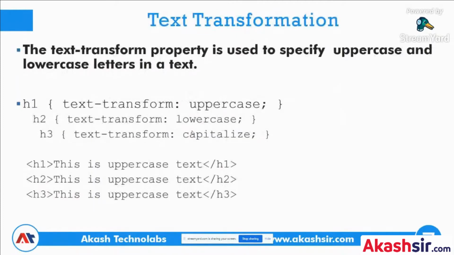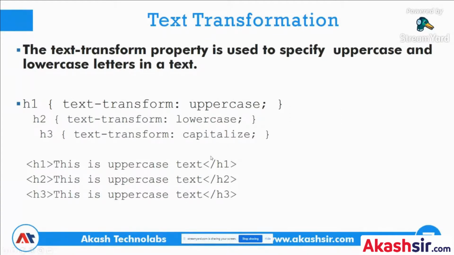Then next, text transformation. For example, in most cases, we want to display our text in uppercase, maybe in lowercase, or maybe capitalized, right? So we have a text transform property in which you can specify uppercase, lowercase, and capitalize. So your case will be changed to the respective values, right? For example, if you are specifying uppercase, this text will be converted into uppercase.